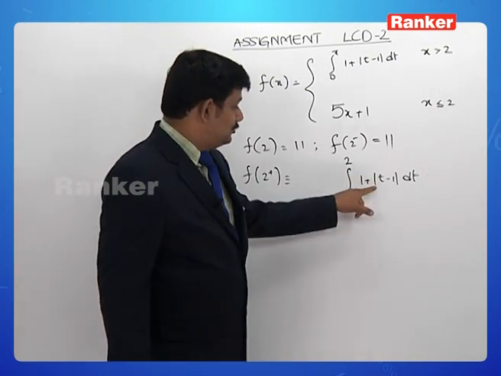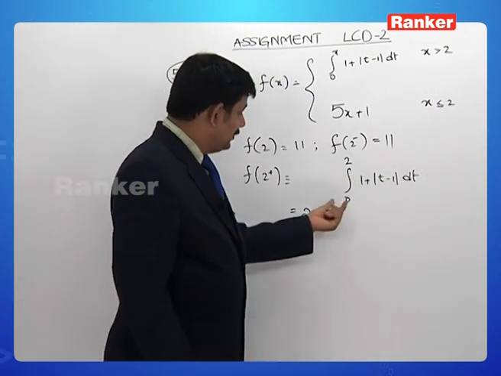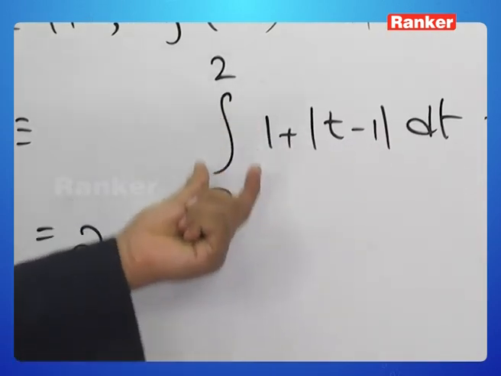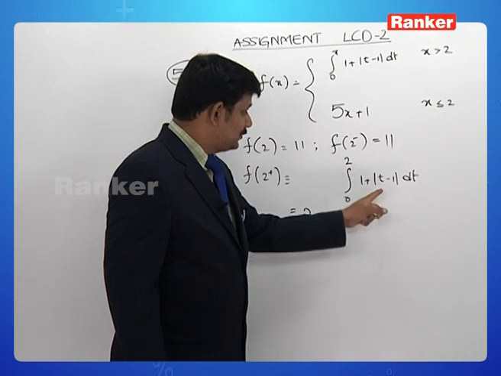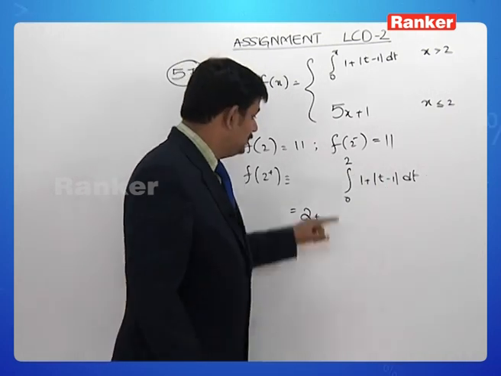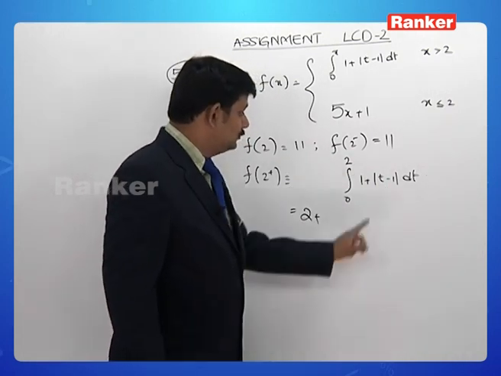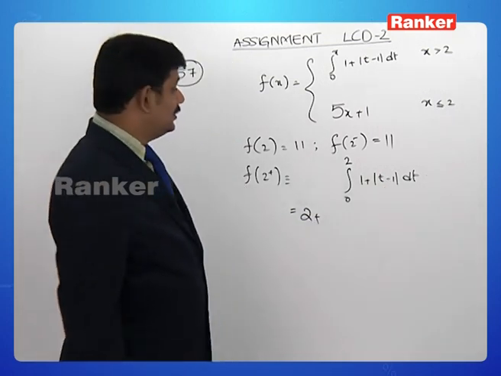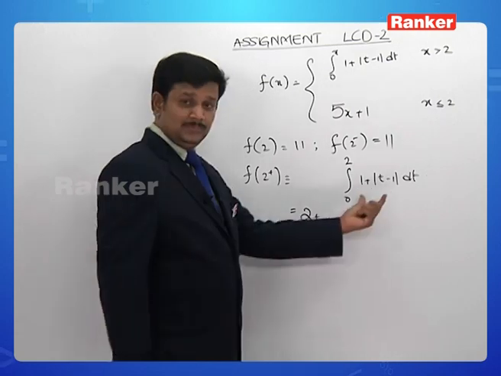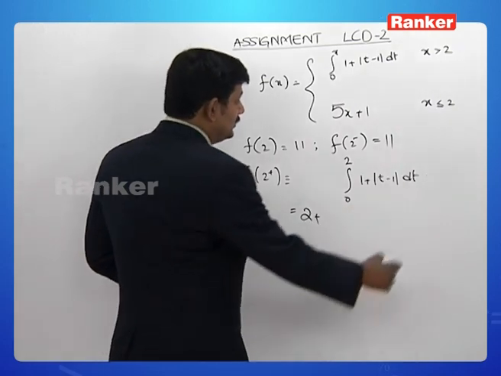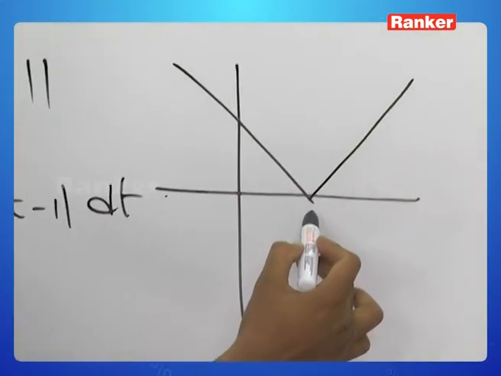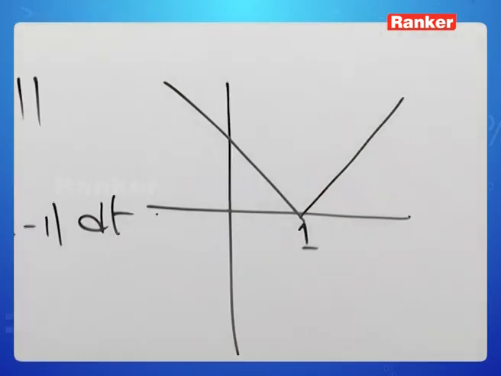For the integral from 0 to 2 of mod t minus 1, we can split the integral at 1. Whenever t lies between 0 and 1, mod t minus 1 is 1 minus t, and from 1 to 2, mod t minus 1 would be t minus 1. We can evaluate piecewise, or draw the graph of mod t minus 1. This is how the graph would be, a V becoming 0 at x equal to 1.